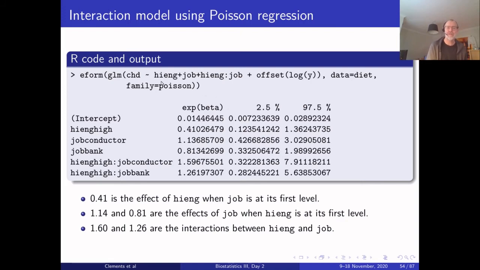Then what we can do is we fit a main effect for high energy, a main effect for job, and we fit an interaction between those. That's the main effect for high energy. These are the main effects for job, and then these are the interaction effects for high energy for conductors and high energy for bank workers.